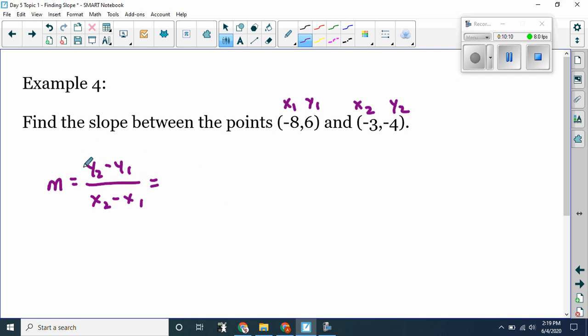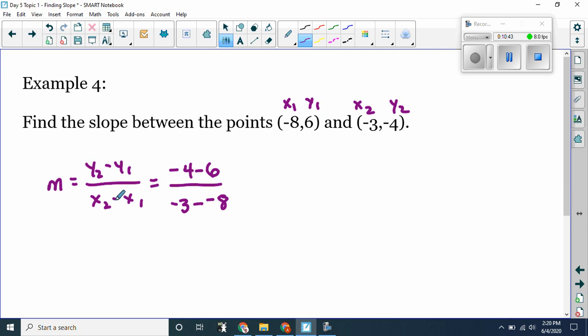y sub 2 is equal to negative 4. y sub 1, the y value of my first point, is 6. x sub 2 is negative 3, minus x sub 1. x sub 1 is negative 8.